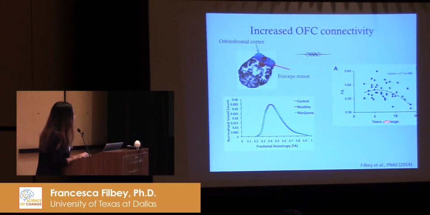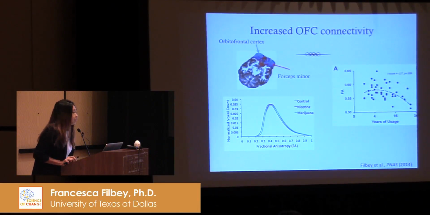When we plotted the FA against years of use, so duration of their regular marijuana use, you can see that increase in FA during initiation of use all the way until about the 4th or 5th year of continued use, and then that pattern starts to decline.